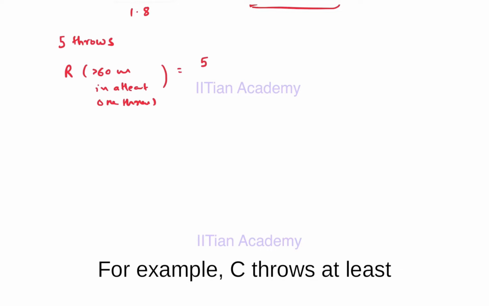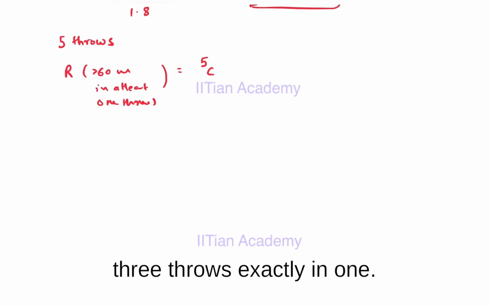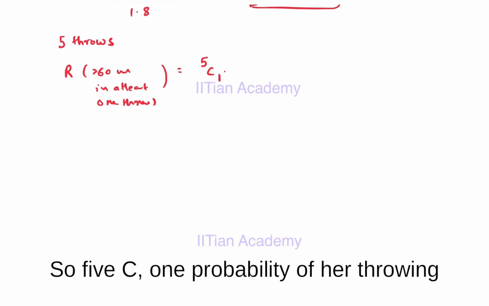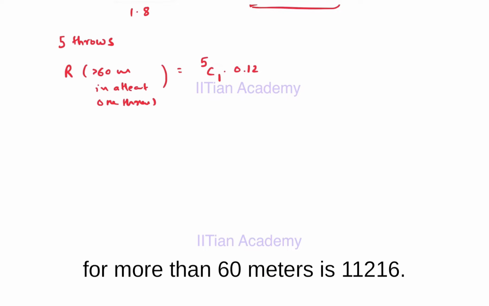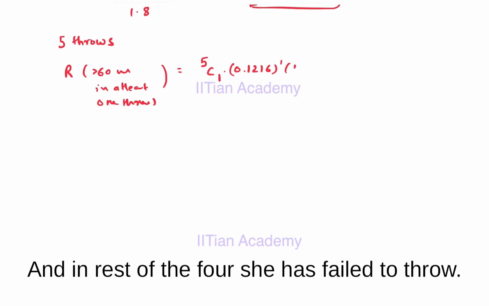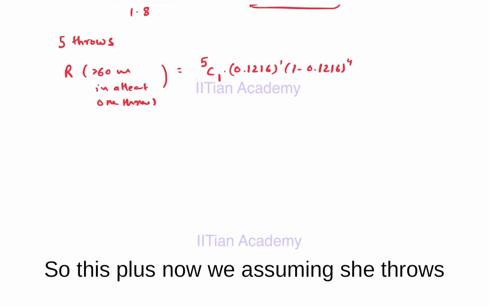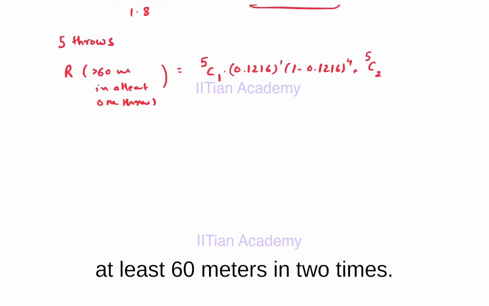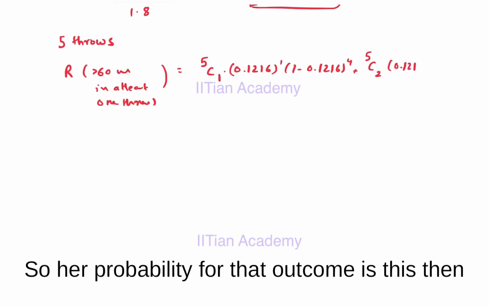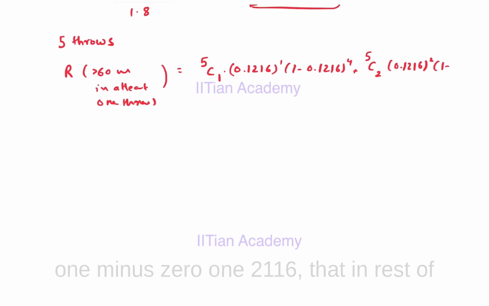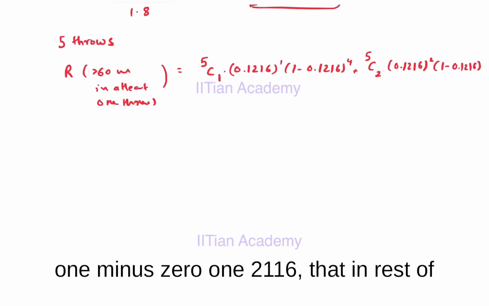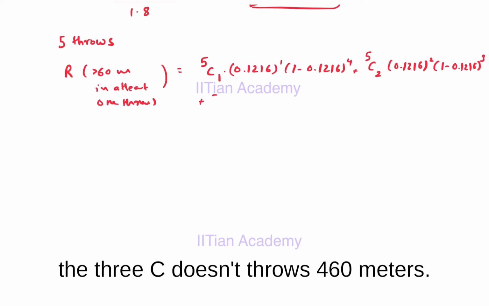For example, she throws exactly one, so 5C1, probability of her throwing more than 60 meters is 0.1216, and in the rest of the 4 she has failed to throw, so this plus, now we are assuming she throws more than 60 meters 2 times, so her probability for that outcome is this, then 1 minus 0.1216, that in the rest of the 3 she doesn't throw 60 meters.